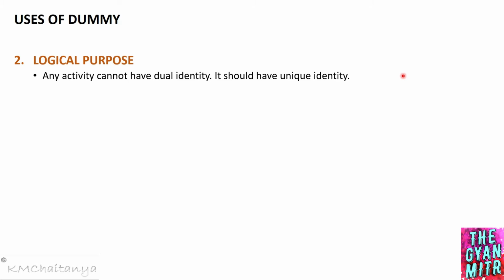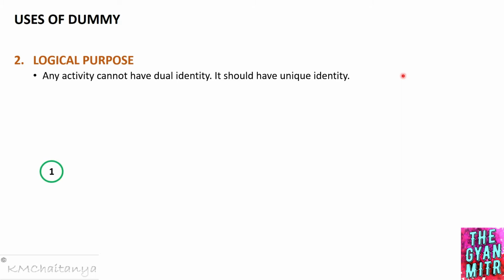That means we cannot have two activities labeled as A or B, C, etc. So we cannot have two activities with the same name. Each activity should have a unique name, or it should be a completely different activity, right? Now we will look into this with an example.